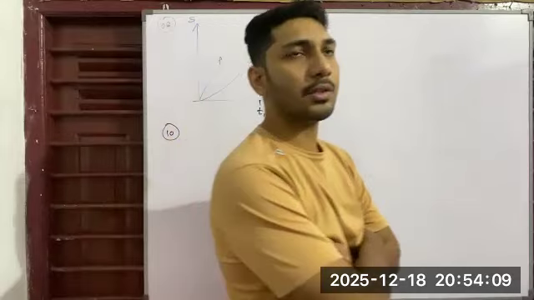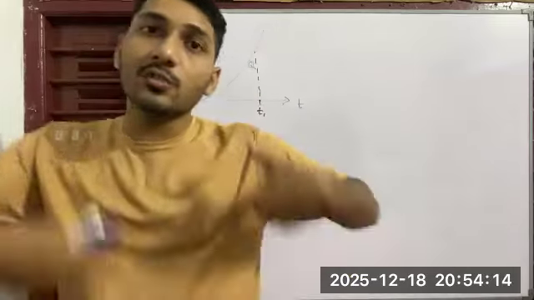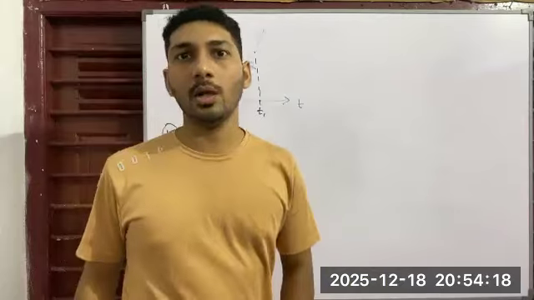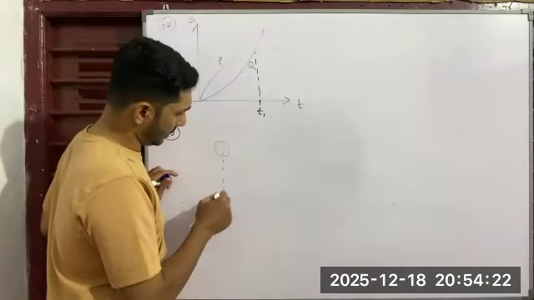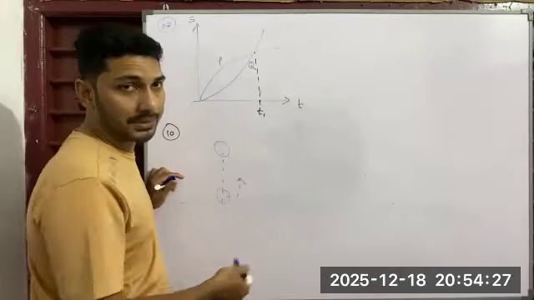After collision, because of the loss of energy, the velocity it returns with is smaller compared to the velocity it hit the ground with. It hits and returns back with a smaller velocity in the opposite direction.